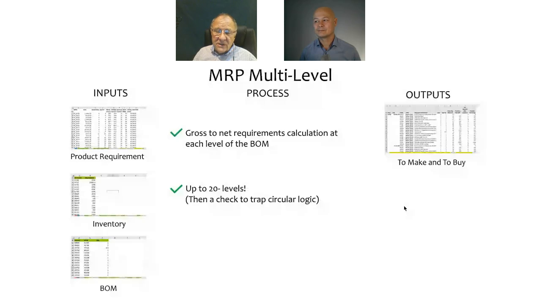Yes, in fact, a couple of big companies have used the BOM processor to check for circular logic in their BOMs, and exactly that. If we're still exploding after 20 levels, then there's something wrong.